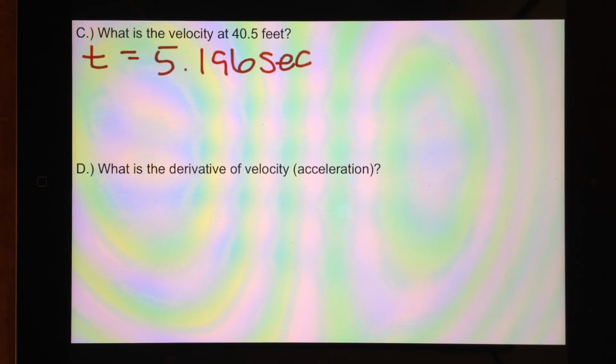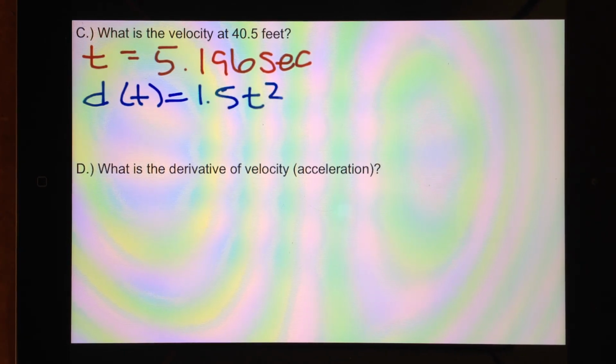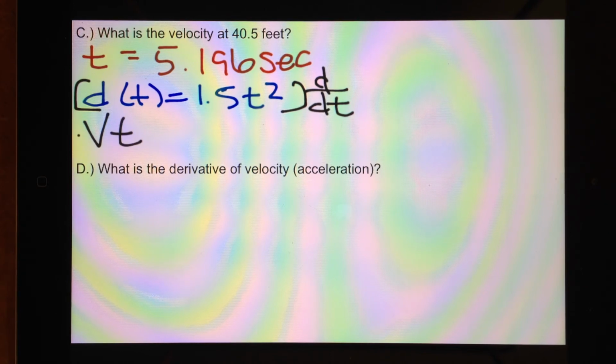So our original equation that we found earlier in A was d of t equals 1.5 t squared. We take the derivative of that, and we will find our velocity, which is v of t equals 3t.